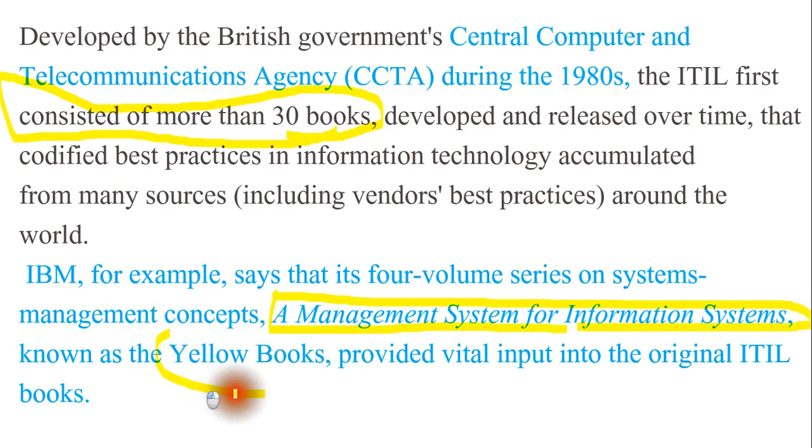They gave a dedicated name to that particular part of ITIL. They felt it was very good, informative and gave value. So they found it very useful, and it provided detailed input into the original ITIL books.